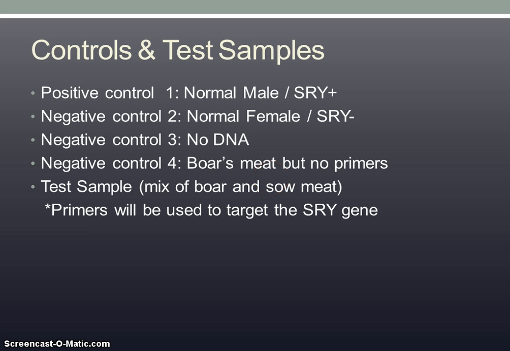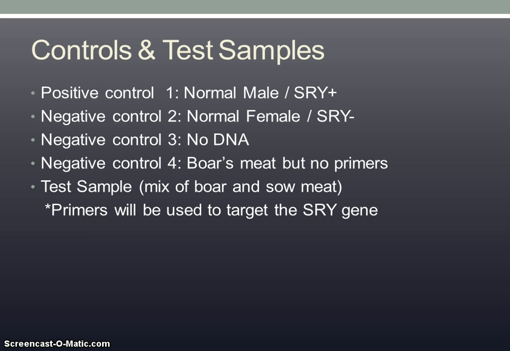We're also having a variety of controls and test samples in our experiment. Our positive control 1 would be a normal male boar, being SRY positive, and our negative control 2 would be a normal female, being SRY negative.